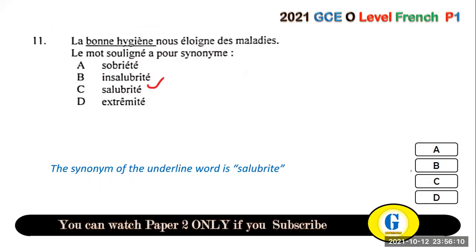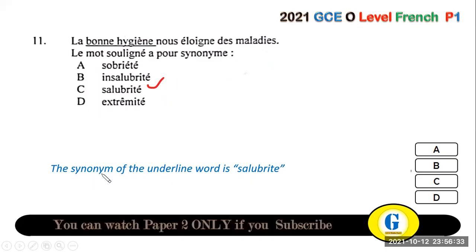Question number 11. La bonne hygiène nous éloigne des maladies. So good hygiene keeps us far away from sicknesses. Le mot souligné a pour synonyme. So the underlined word has a synonym. What can we use for these underlined words? So we can use salubrité.